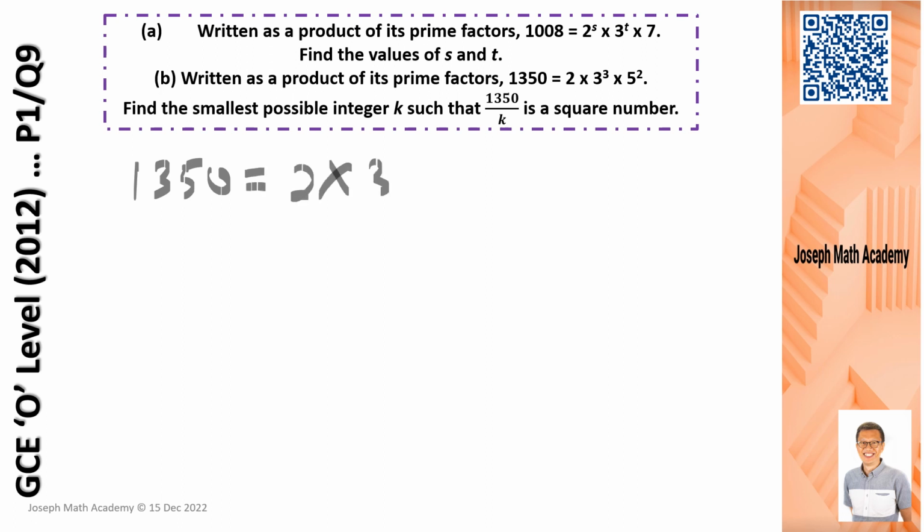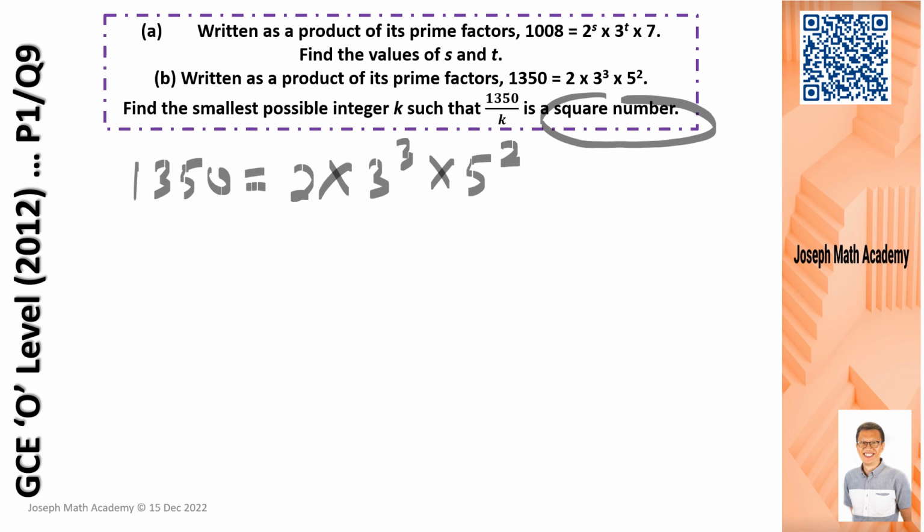2 times 3 cubed times 5 squared. Now, we are supposed to find the smallest positive integer k such that 1350 divided by k becomes a square number.